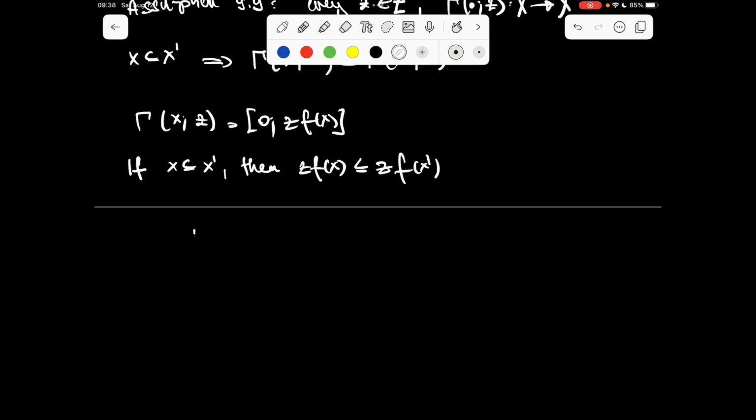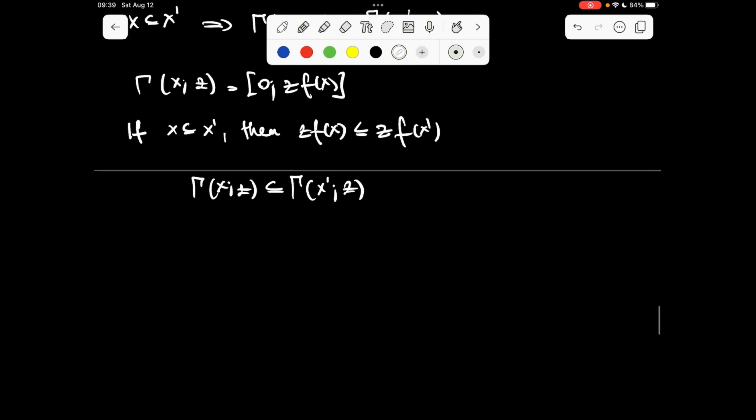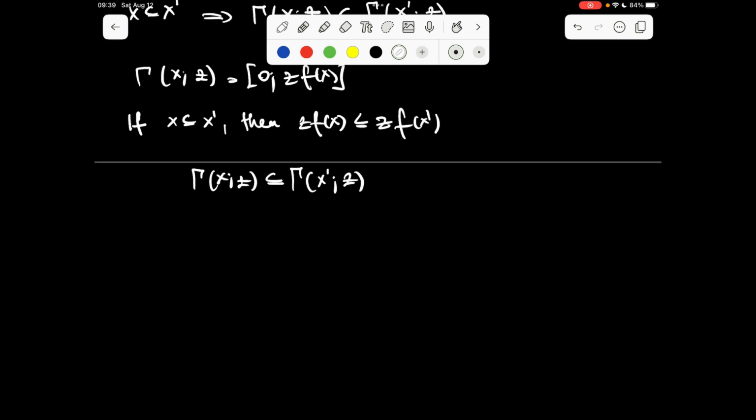So this is an easy feat. It's no big deal to realize that correspondence gamma is monotone in the required sense. So assumptions 9.8 and 9.9 are satisfied.